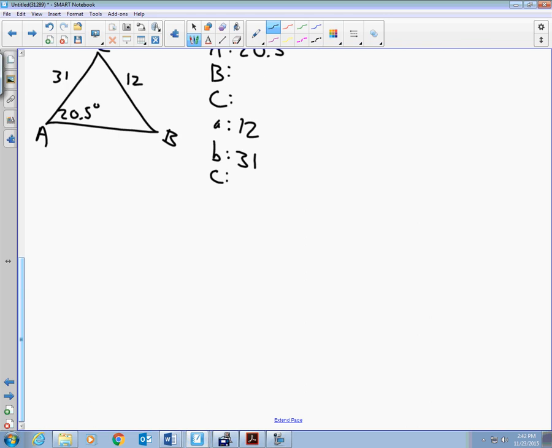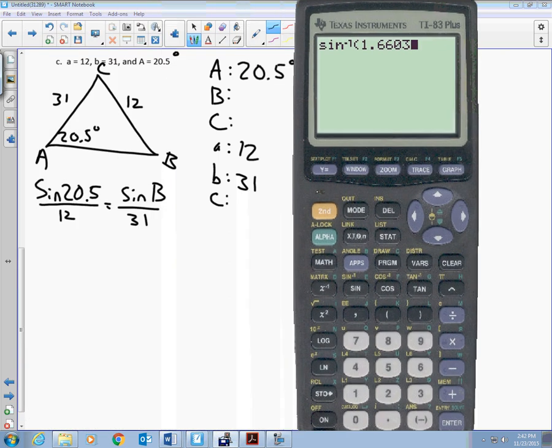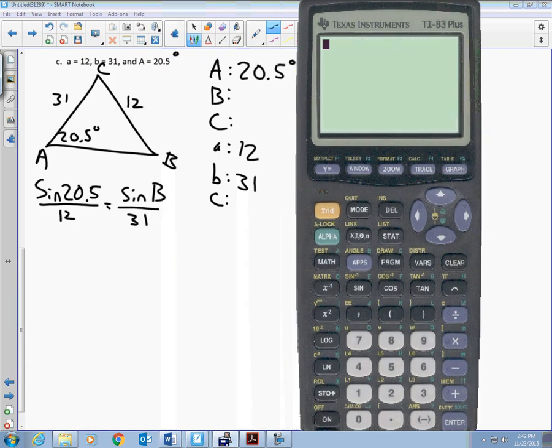Sine of 20.5 divided by 12 is equal to sine of B. Okay, we're going to cross multiply and solve just like we did last time. I get 31 sine of 20.5 divided by 12.